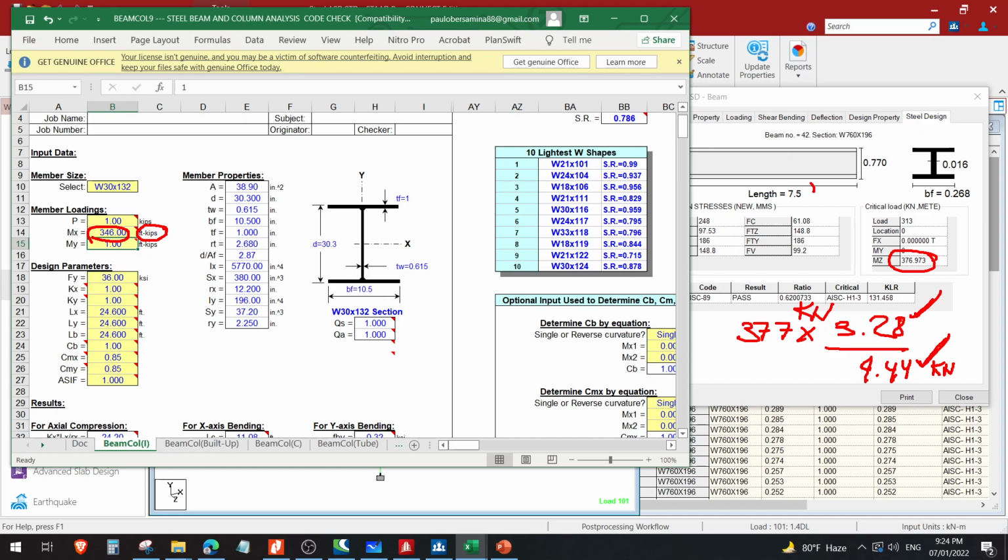Okay, what else? Yung length ng beam natin is 7.5. So, that is equivalent to 24.6 feet. Yan, lagay natin, no? 24.6 yung length ng beam. And basically, yun lang. Yun lang input natin. 36 KSI naman siya. Okay, what else? So, that's it.